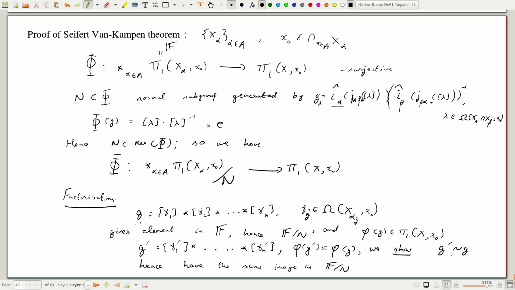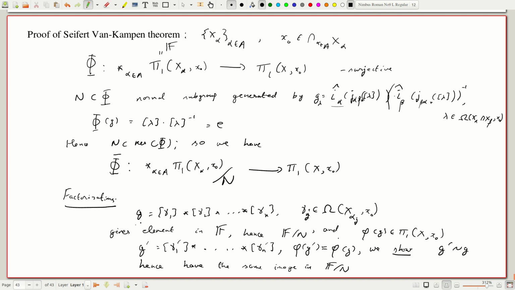Now we define an equivalence relation by two moves. The first move actually gives you the same word even in the free group. The second move doesn't give you the same word in the free group because we are regarding a loop as belonging to a different component. It's a loop in the intersection. However, when we quotient by N, it gives you the same element. So in F over N, if I have two elements which are equivalent, their images are the same.